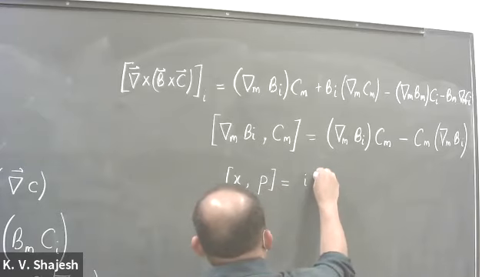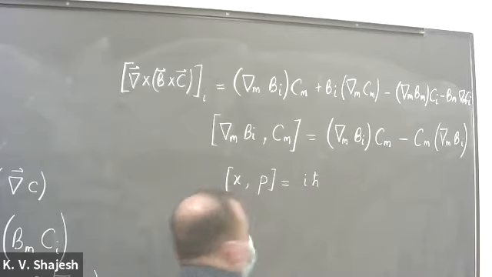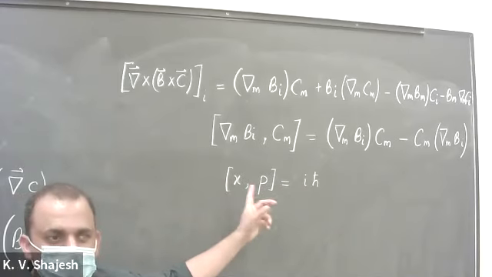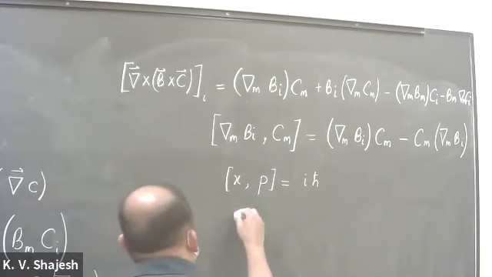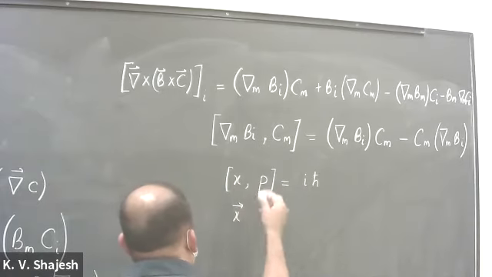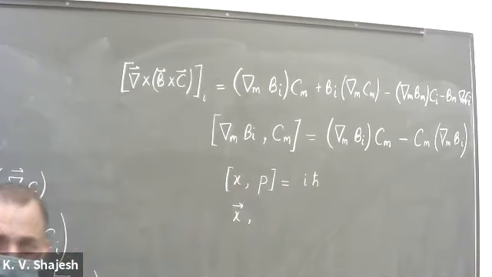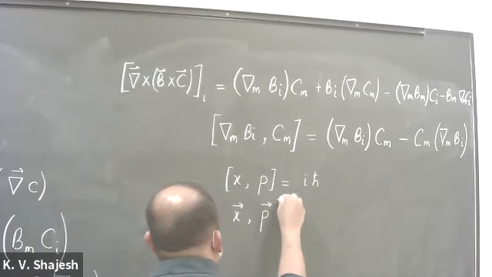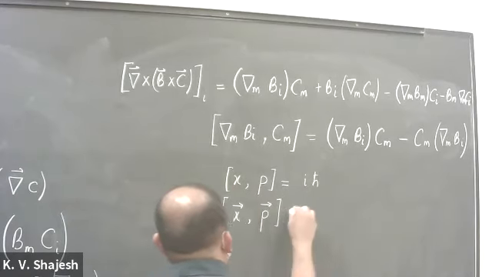I H bar. That's good, but this is one dimension. So now I can ask, now I have a vector. So this is a vector. Position is typically in 3 dimensions. So that's a vector, and then this is P. That's also a vector. What is that equal to?